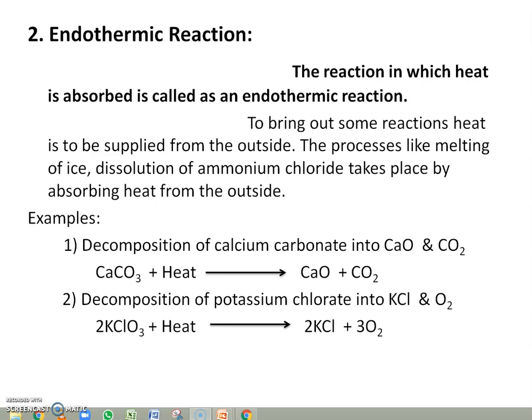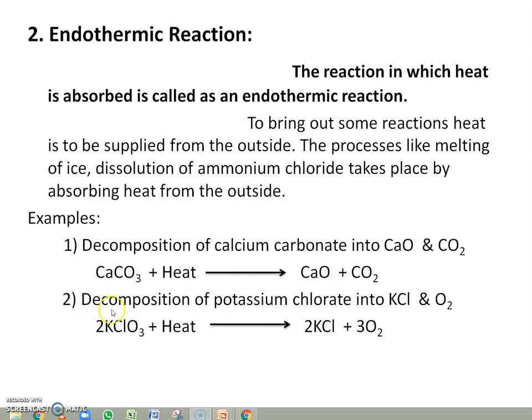The examples of endothermic reactions are: number 1, decomposition of calcium carbonate into calcium oxide and CO2. When calcium carbonate is strongly heated, it undergoes decomposition to form calcium oxide, and carbon dioxide gas is liberated.